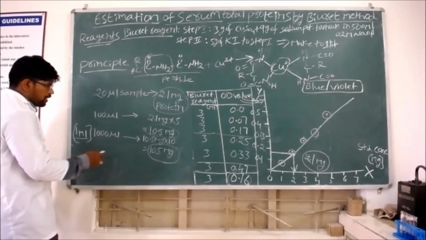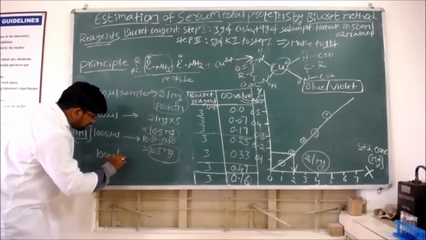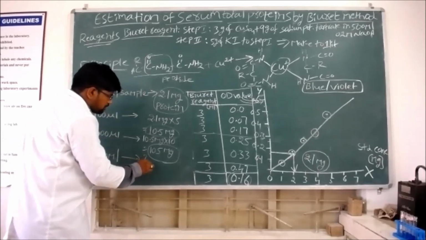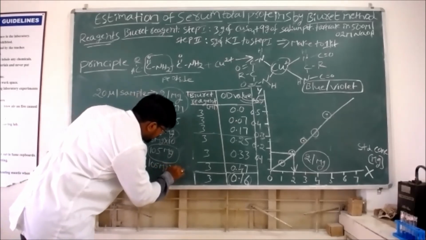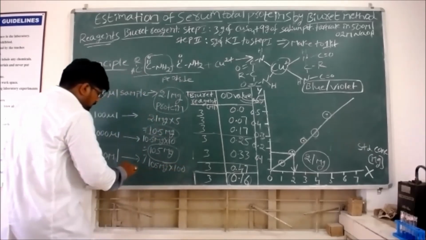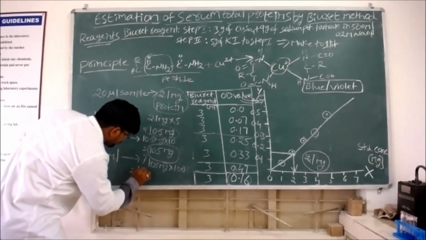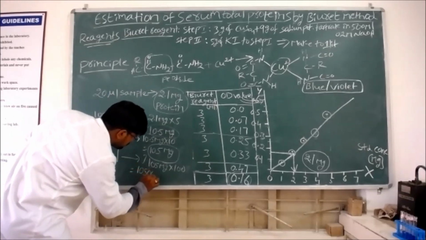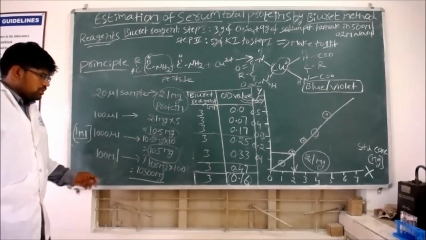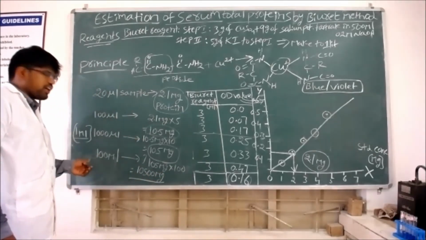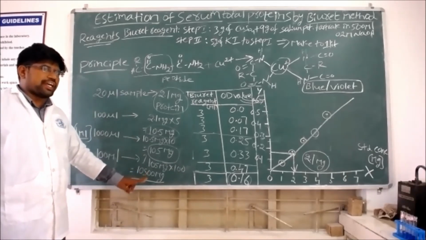For that you multiply that concentration by 100. So 1 ml contains 105 mg, and we multiply that with 100, so automatically we will get the concentration for 100 ml. So it contains 10,500 mg.